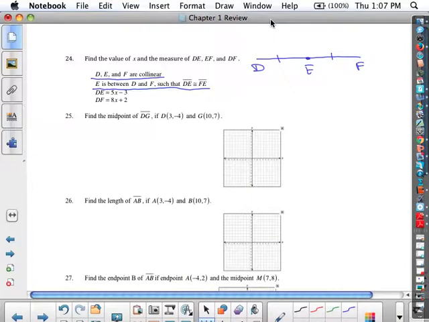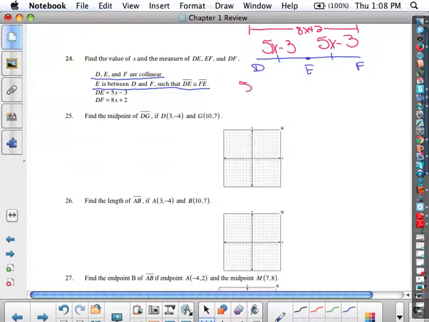So DE is 5x minus 3. DF is this whole length with this 8x plus 2. So now, because DE and EF are congruent, I'm going to label this 5x minus 3. Much better.